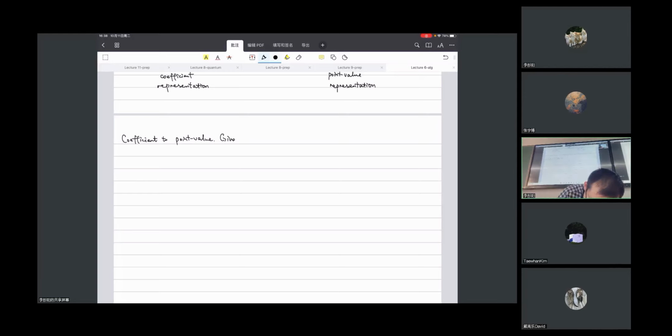So now we are given a polynomial A0 plus A1x plus up to A_{n-1}x^{n-1}. We want to evaluate it at n distinct points x0, x1, up to x_{n-1}.